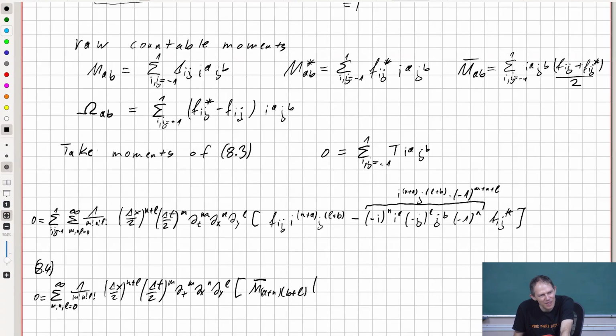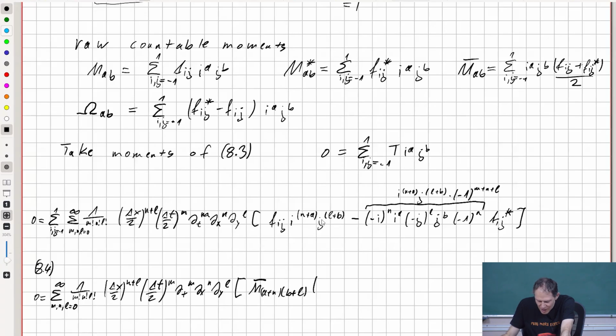It's a bit confusing. Okay, so putting this again. You see this is the pre-collision moment, right? So this is the post-collision moment, M_a plus n, b plus l, right? So now we want to solve the equation in terms of these overbar moments.